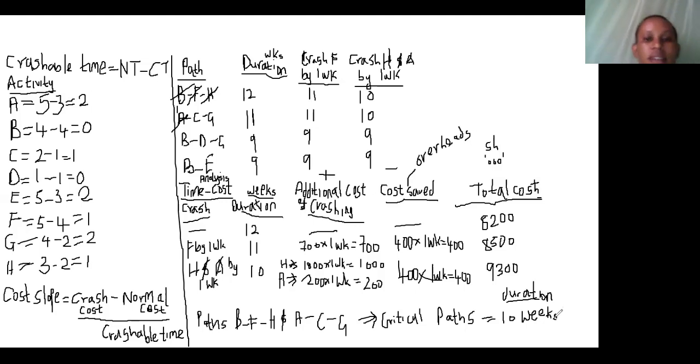So our exercise after this is what you'll do. I've guided you on how to do the crashing, especially for this example. We are now going to move to the last stage, where we consider to do what? To revise the network diagram. So the question you'll be asking, in your network, activity A, did I crash it?